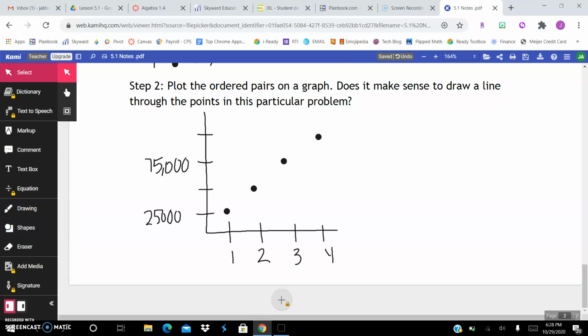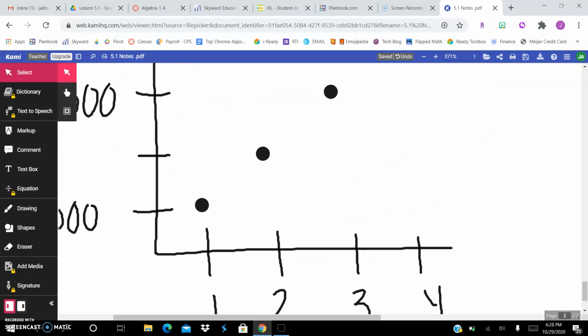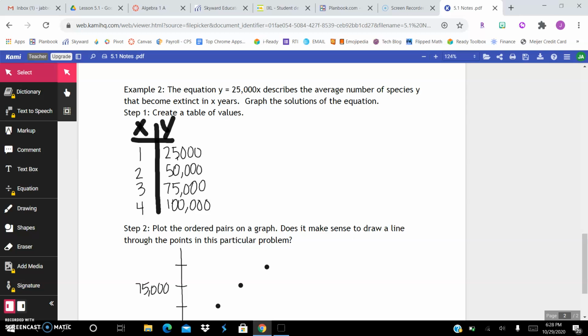So now let's talk about, does it make sense to connect these dots? If we connect these dots, that means that we would have data at 1.5 years. So would we be able to figure out how many animals were extinct in 1.5 years or 2.5 years or any number between the whole number of years? If you think about it, species don't become extinct just on their yearly anniversary.